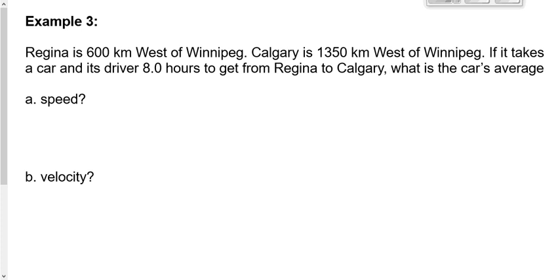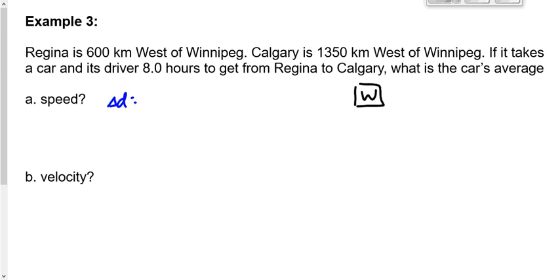If we want to find speed, we need distance, right? Okay, let's get the distance traveled. What's the distance traveled going to be here? Yeah, it might be useful to draw a map here, right? This is Winnipeg right here.